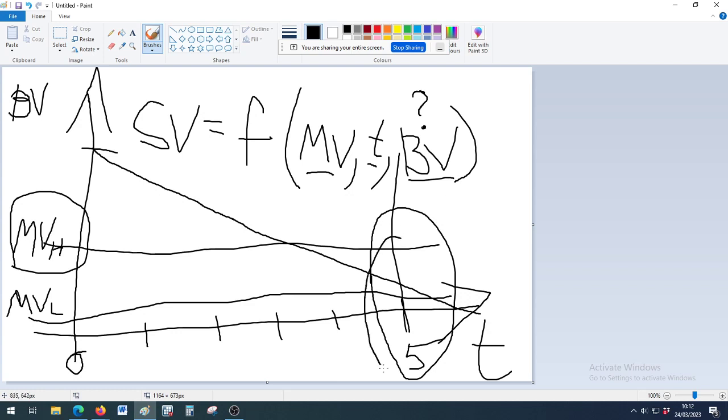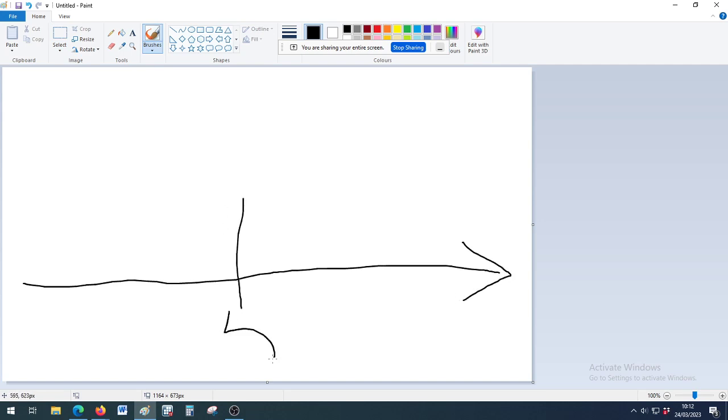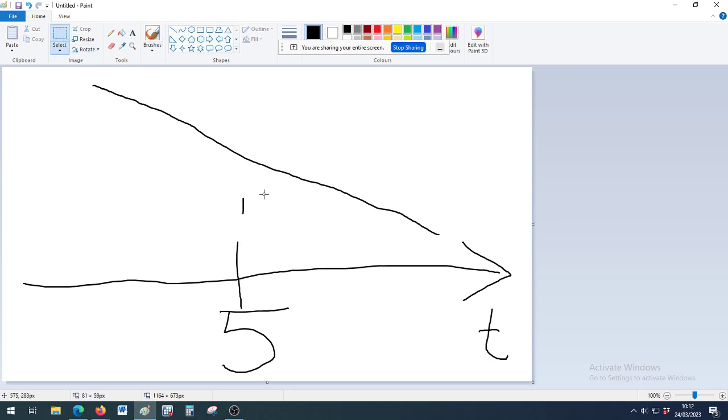So let's zoom in over here into this circle a little. This is year 5. This year 5 is when we are selling the car. This is the book value declining gradually all the time due to depreciation, right? So this is year 5, and let's say the market value is right here.